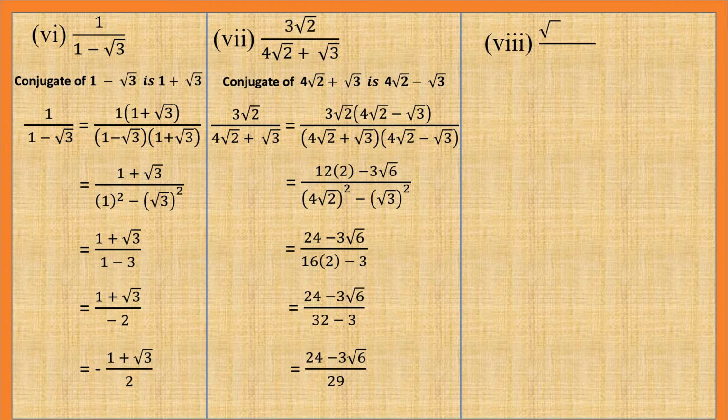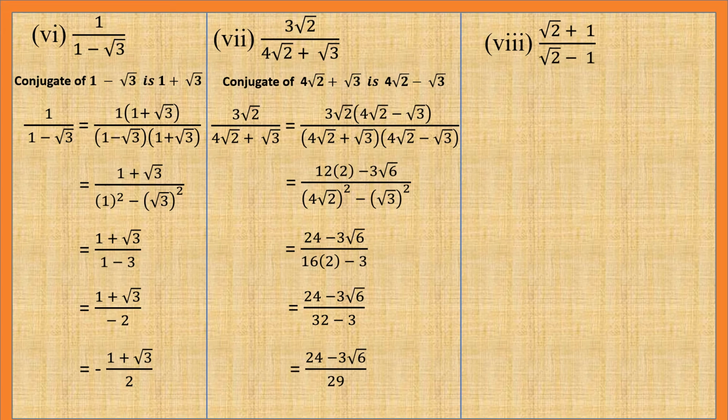Then for example 8, we have root of 2 plus 1 over root of 2 minus 1. Both the numerator and the denominator in this example have 2 terms, that is, they are all binomials.